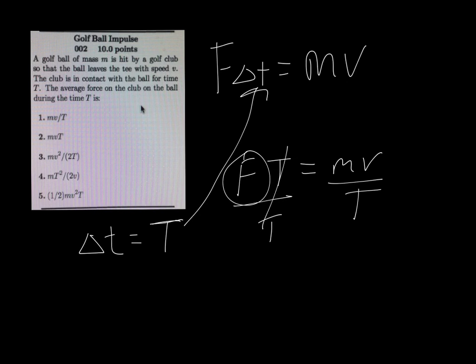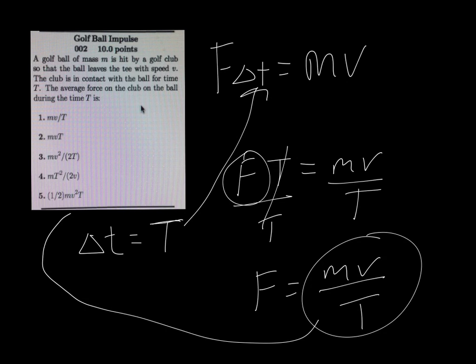It goes away on that side, so then we will have force is equal to your mass times your velocity divided by the time. Okay? So that should help you see what relationship we need to find, and it looks like that's your answer.